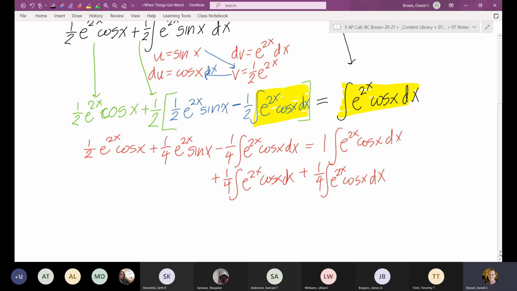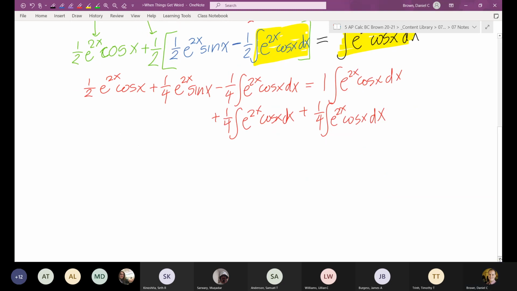and again, this problem's not a short one as I keep scrolling. I have 1/2 e to the 2x cosine of x plus 1/4 e to the 2x sine of x. I added this integral to the other side. 1 plus 1/4 is 5/4 of the integral that we're trying to find.